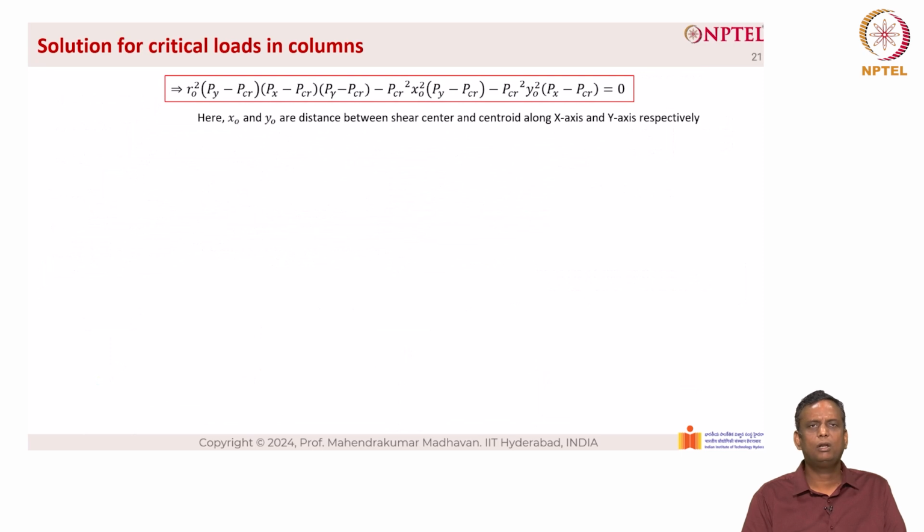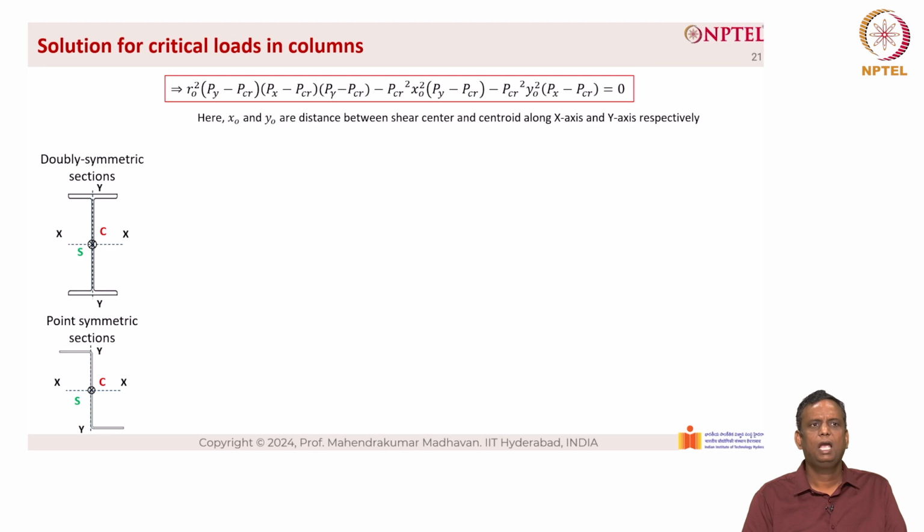Now x0 and y0 are defined as the distance between the shear center and centroid along the x and y axis respectively. So for doubly symmetric sections, we can see that the shear center and the centroid coincide, and also for point symmetric sections, the shear center and the centroid coincide. In such situations, x0 equal to y0 equal to 0.